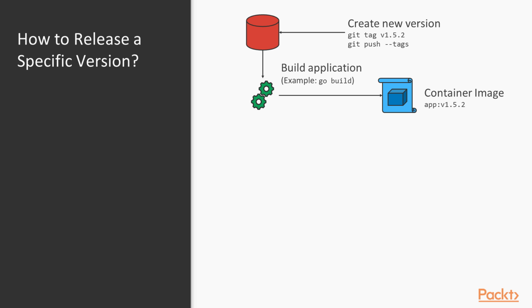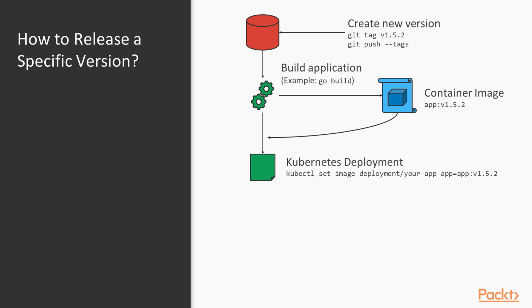If you already have an existing Kubernetes deployment, your deployment pipeline can then use the kubectl set image command to update a deployment specification to use that new image. Updating the image in the Kubernetes deployment object will then cause the deployment controller to start a rolling update to your new version, as you've already learned in the previous section.